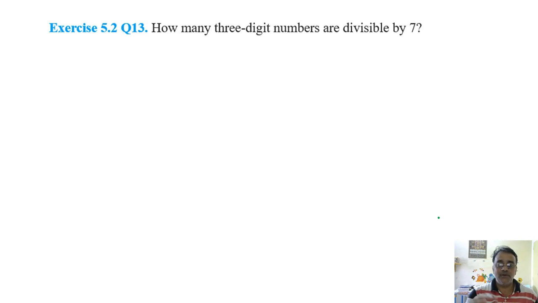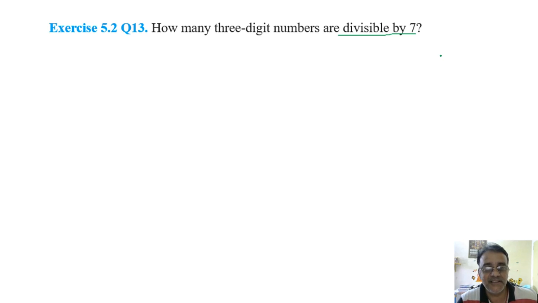Now we'll move towards finding the number of terms. If the question asks how many, or which term, that means you have to find the value of n. In the previous question also we found n. So how many 3-digit numbers are divisible by 7? Which is the first 3-digit number divisible by 7? 105. The first 3-digit number which is divisible by 7.